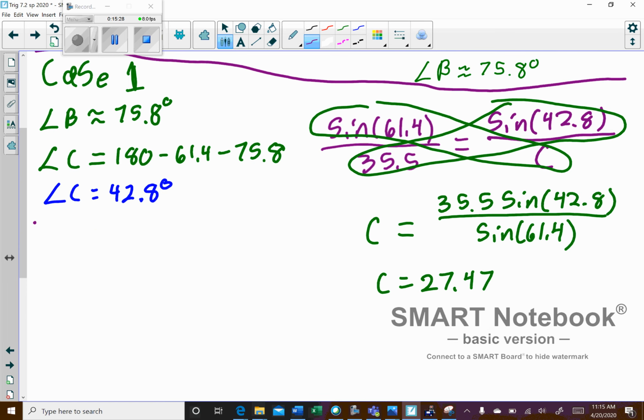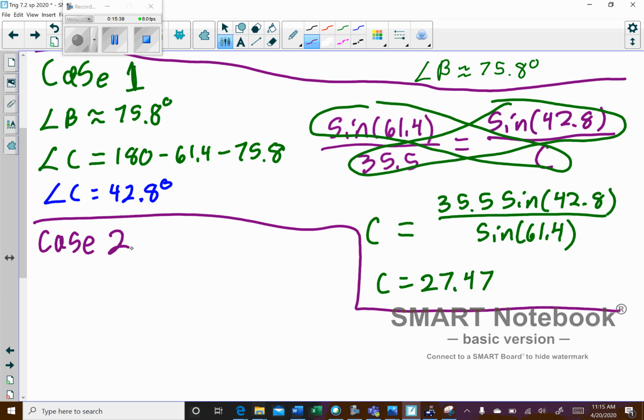So let's see, I'm going to block this off. So we're going to have case 2 possibly. Okay, so what we're going to do here is my angle B this time, we'll call this B sub 2 so we don't get confused with the one up above.